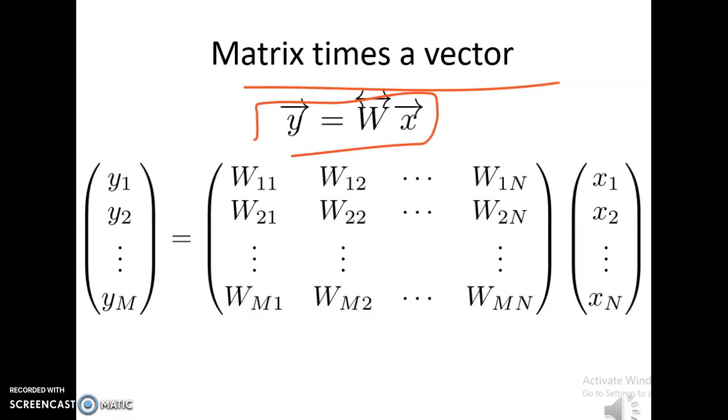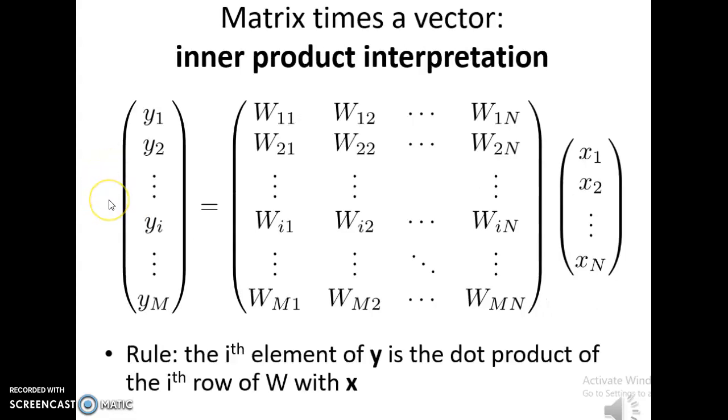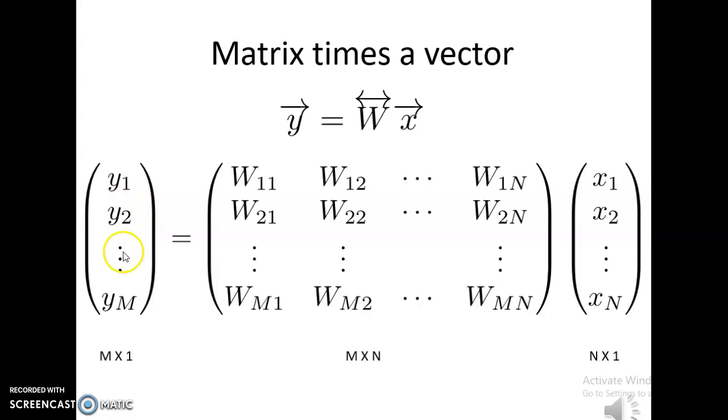Here W is an m by n matrix and x is an n by 1 column matrix. With m by n, rows and columns, the result is a column matrix.